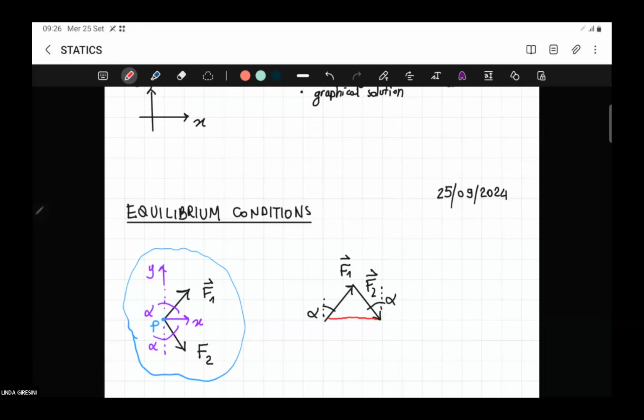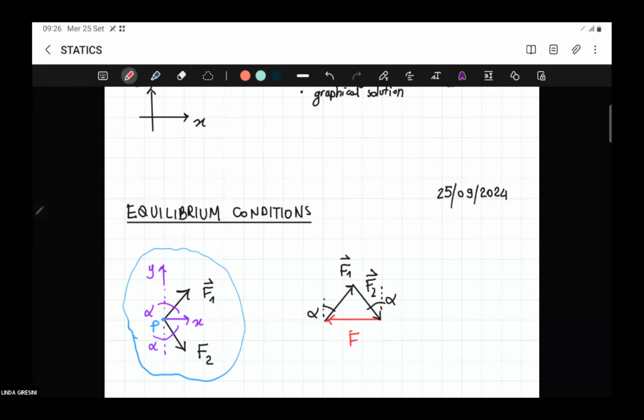So this force here is the force F, which gives the equilibrium. Okay?